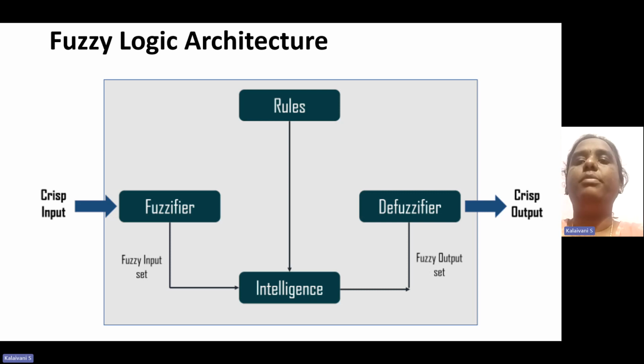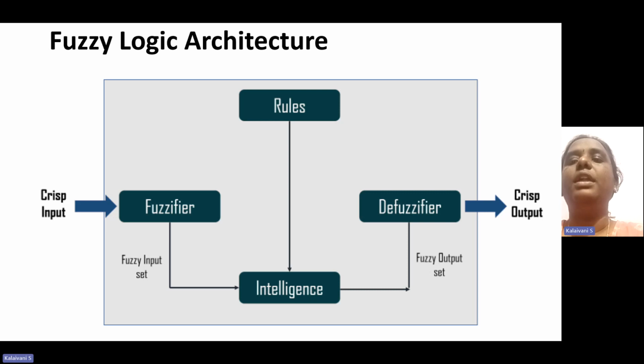That fuzzy input set will be fed into the intelligence, and the concerned rules will be applied in order to infer under which class that particular input set falls.